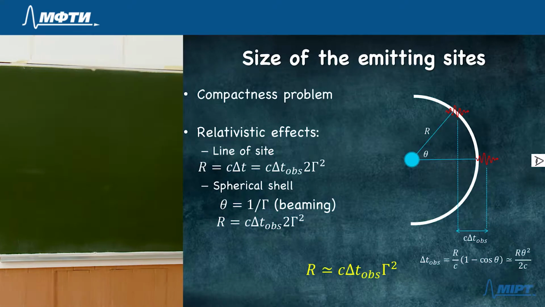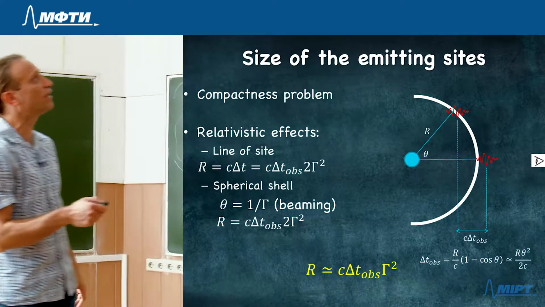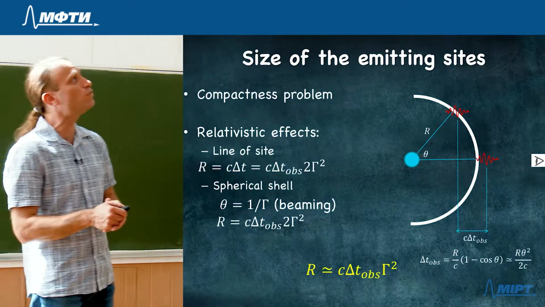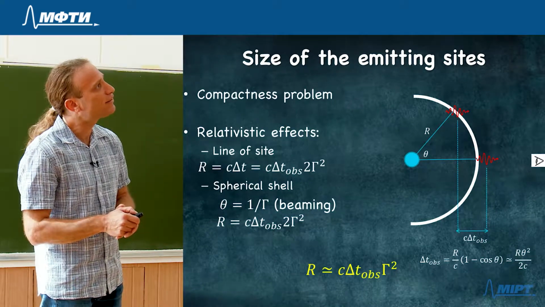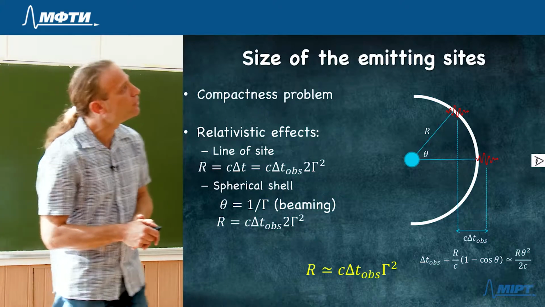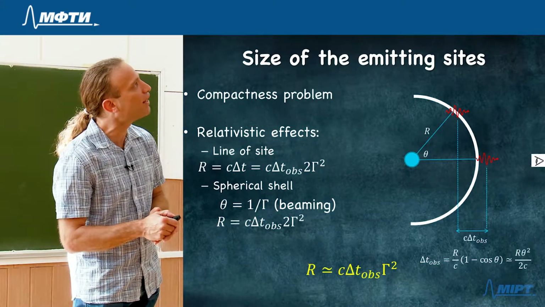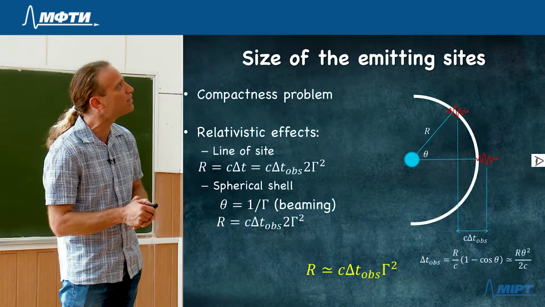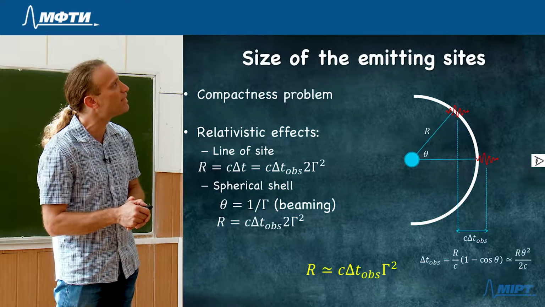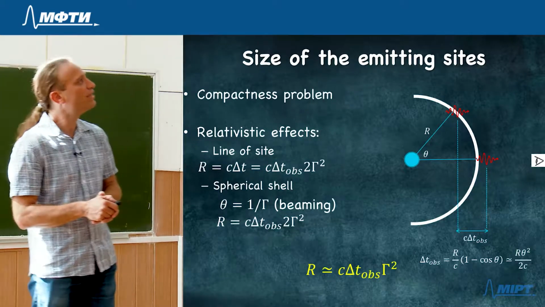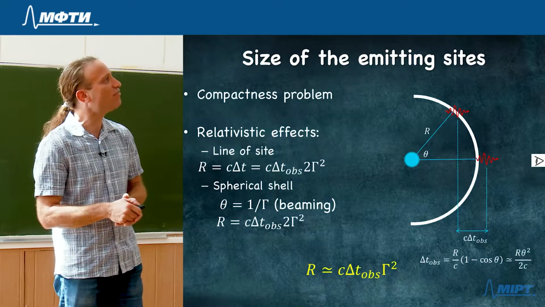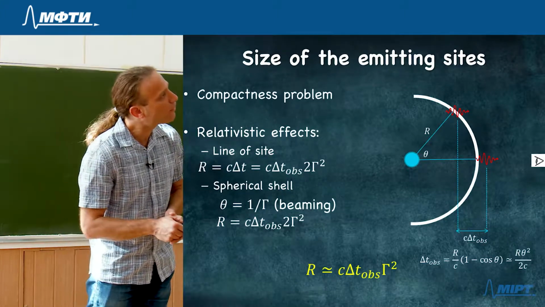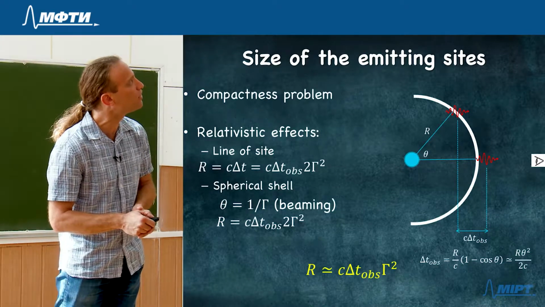The time difference with which they reach me, if they are emitted instantaneously, will be r divided by c minus r cosine theta divided by c. So delta t observed is r divided by c times 1 minus cosine theta, which is r theta squared divided by 2c.